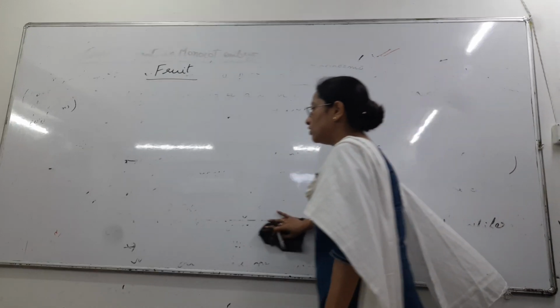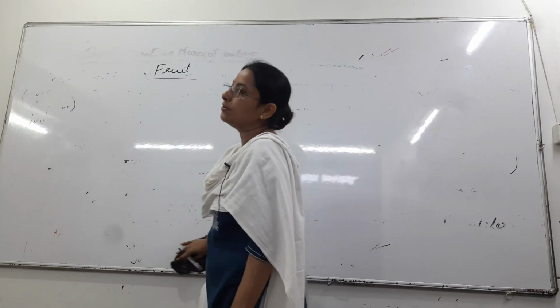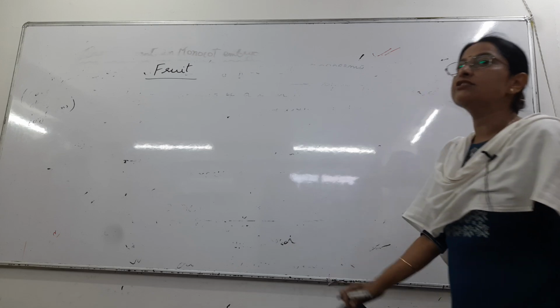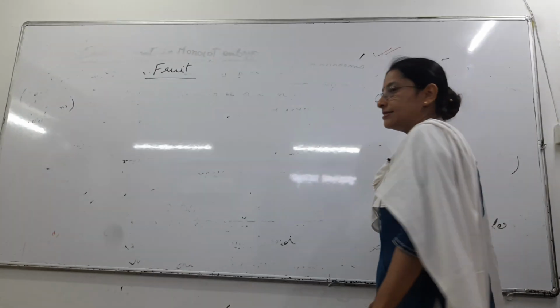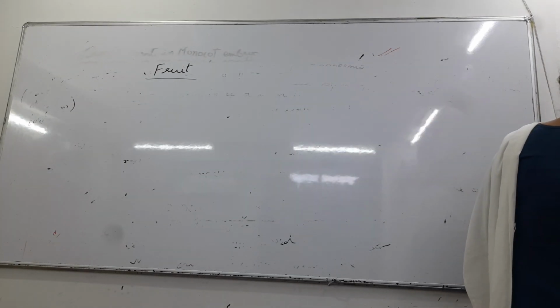And when we talk about false fruit, most of the examples you have studied during morphology. One common example is obviously apple, from the thalamus. Right? What is the thalamus?